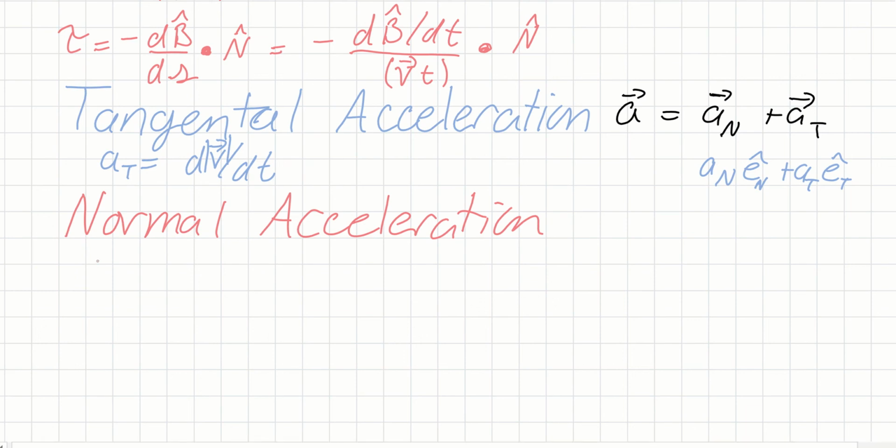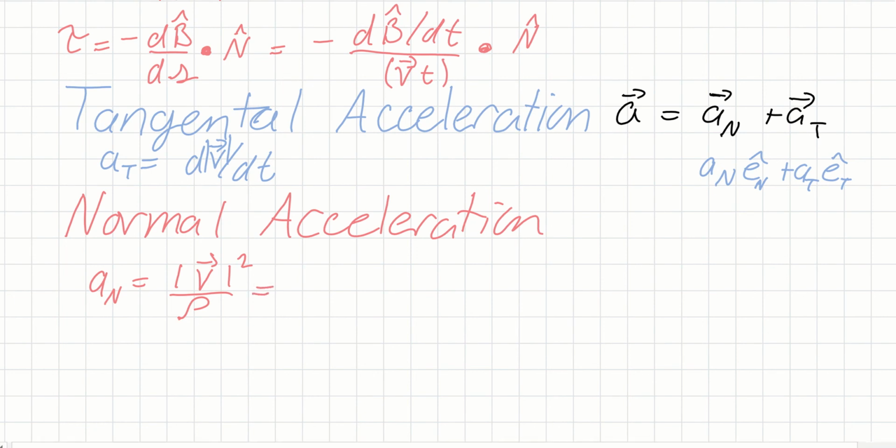Then your normal acceleration, a sub n, is equal to, you might remember this from physics, the magnitude of velocity squared over rho. Your radius of curvature is rho, so it's velocity squared over r. So normal acceleration is also centripetal acceleration.